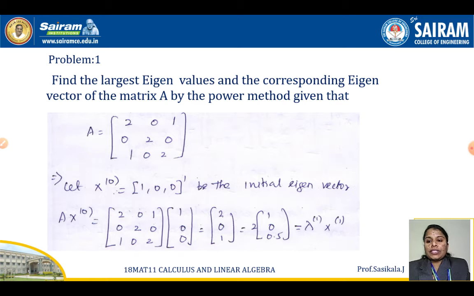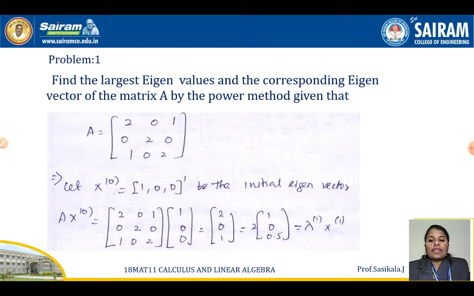First question: find the largest eigenvalue and the corresponding eigenvector of a matrix capital A by the power method, given that capital A is equal to 2, 0, 1, 0, 2, 0, 1, 0, 2. The question asks for the largest eigenvalue and eigenvector of the given matrix.